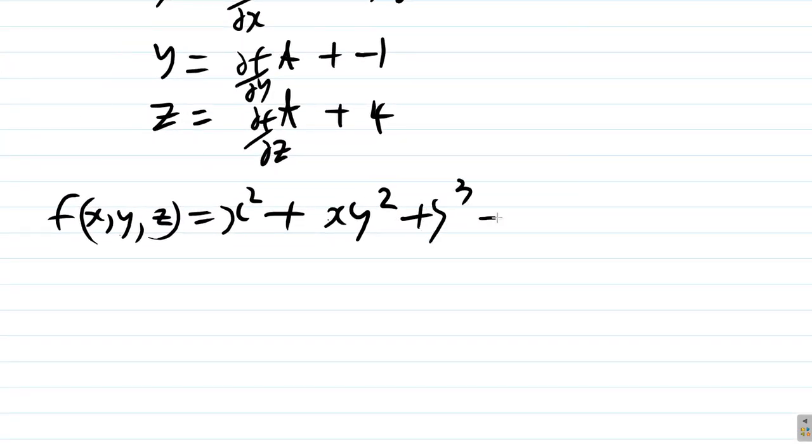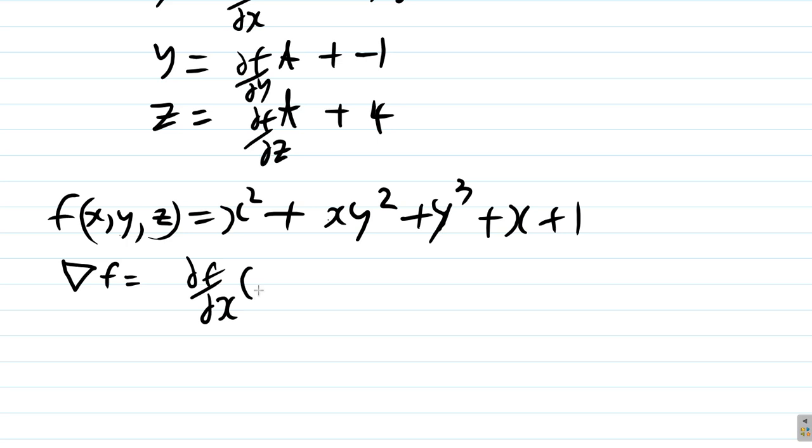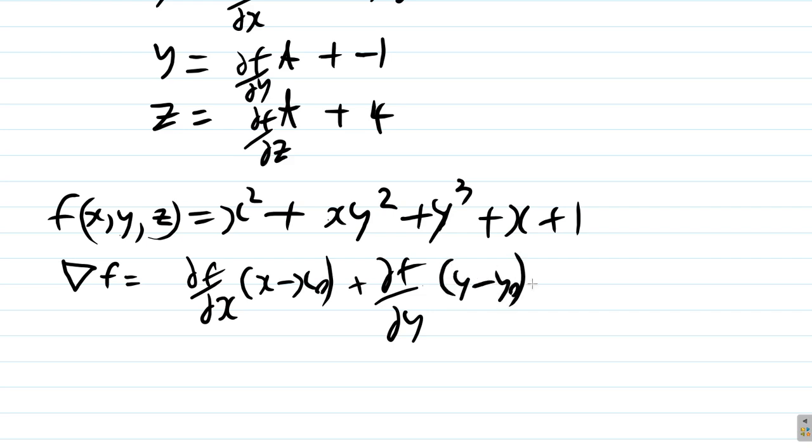Alright, so you have that. Now the gradient, sometimes called the grad, of the function is the partial of the function with respect to x times x minus x naught, plus the partial of the function with respect to y times y minus y naught, plus the partial of the function with respect to z times z minus z naught.